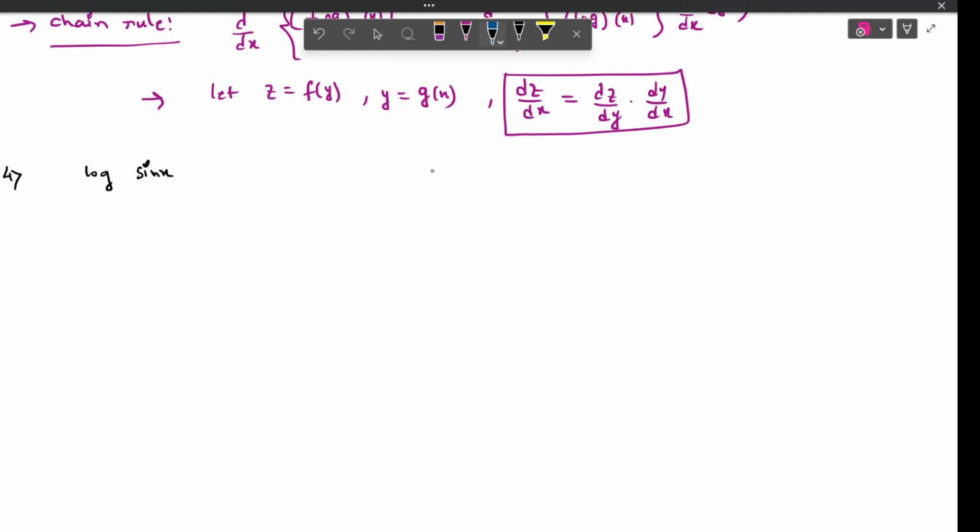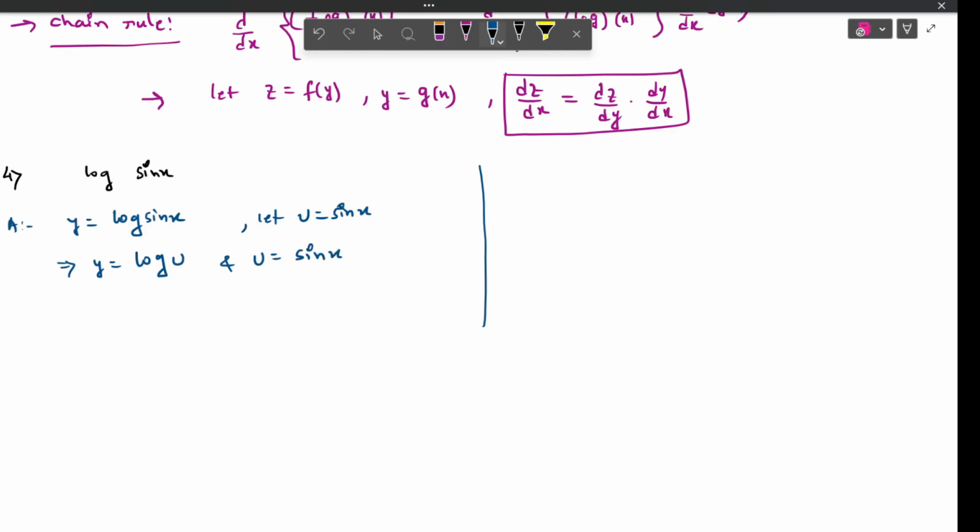We will see the shortcut techniques also, but let us see how to apply chain rule here. Now let us say y equals to log of sine of x, and let u equals to sine of x. So then y equals to log of u and u equals to sine of x.